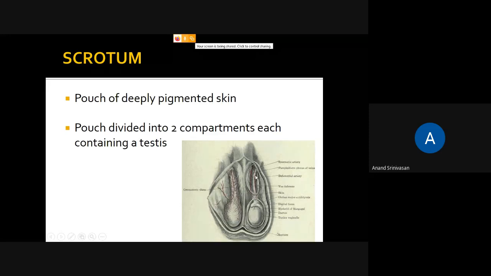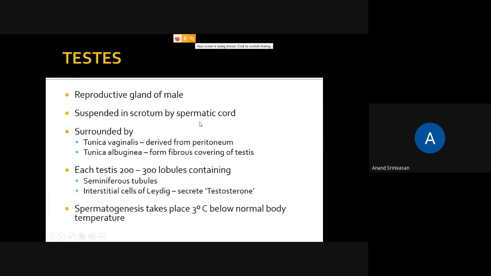It is surrounded by two structures. One is called tunica vaginalis and the other is called tunica albuginea.